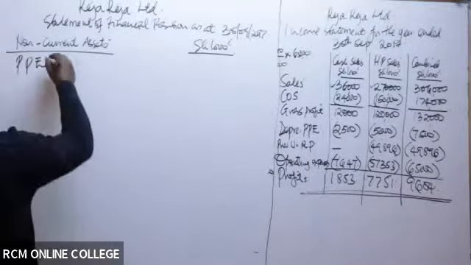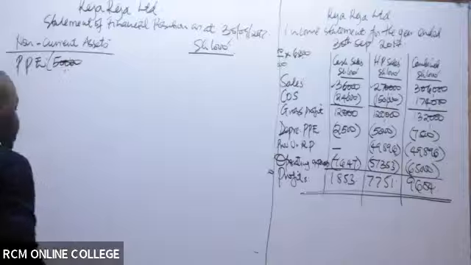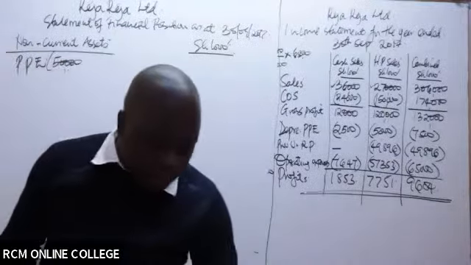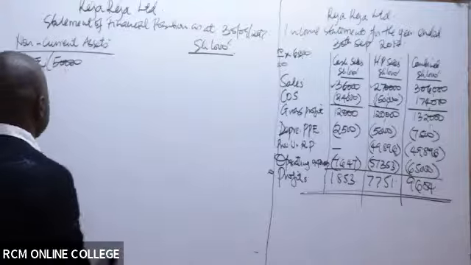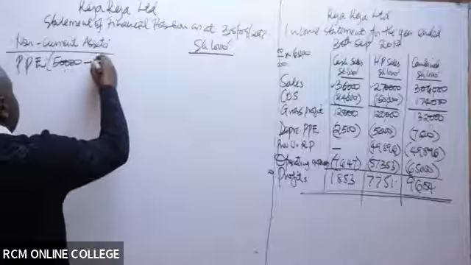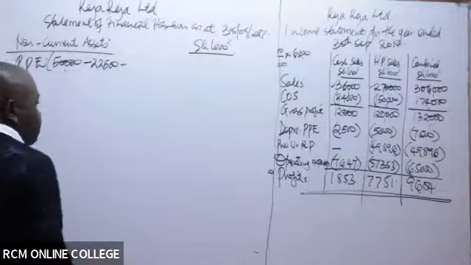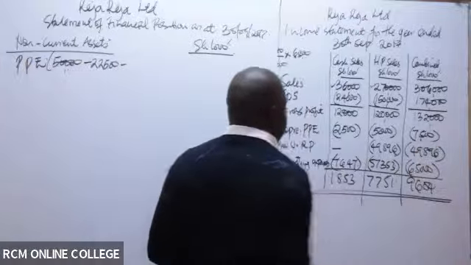But in the trial balance, we have the accumulated depreciation by the start of the year, which is an amount of 22,500. So to get the net book value, we have to remove it.